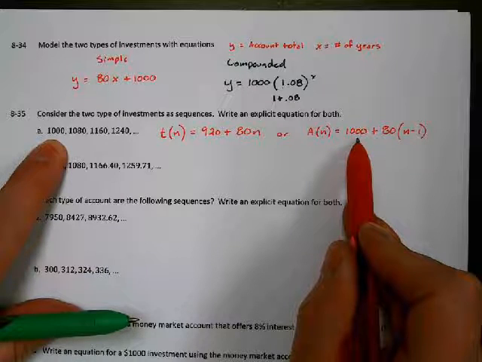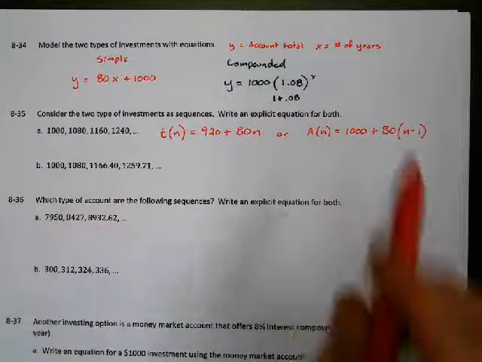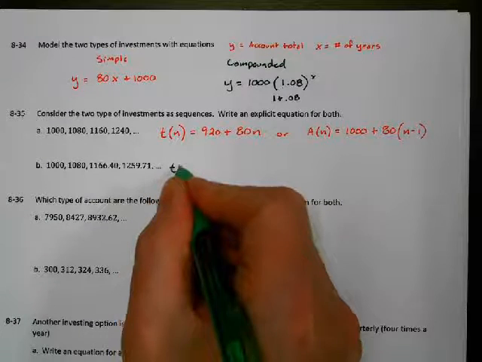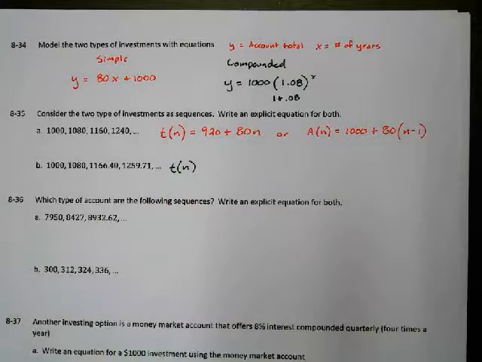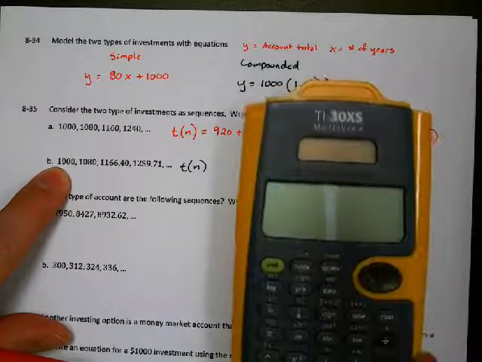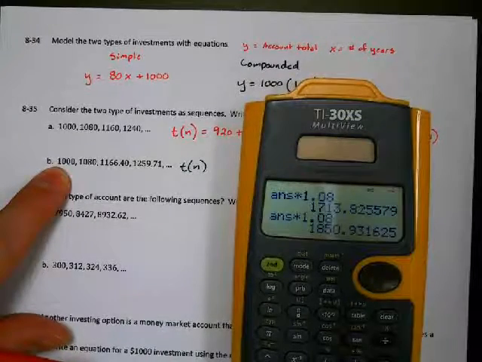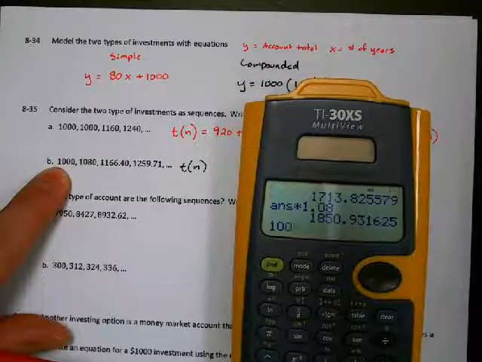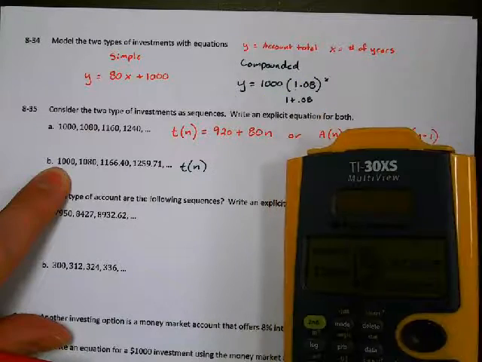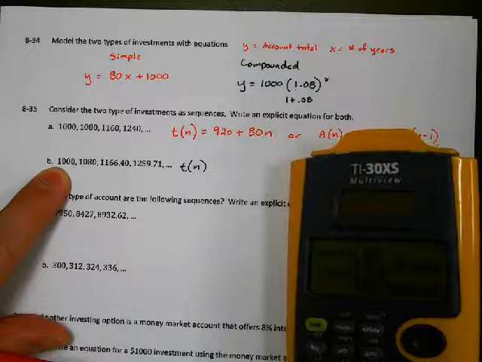For the other one, we do T of n. So I'd have to take 1,000 and divide by 1.08. And the 0th term would be 925.93.